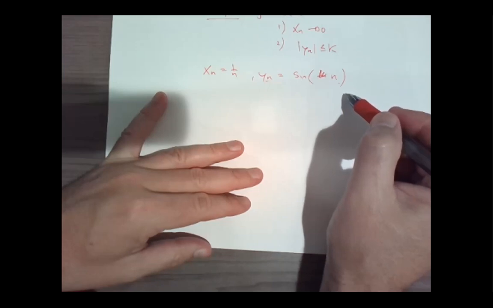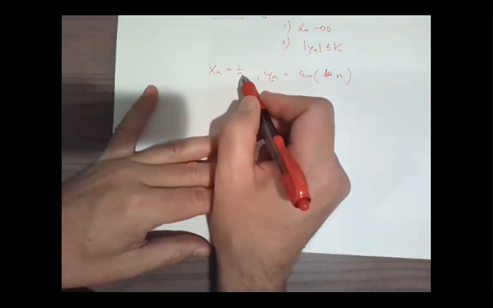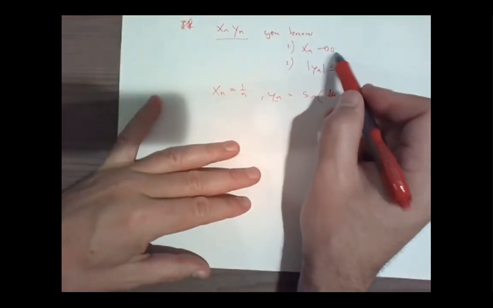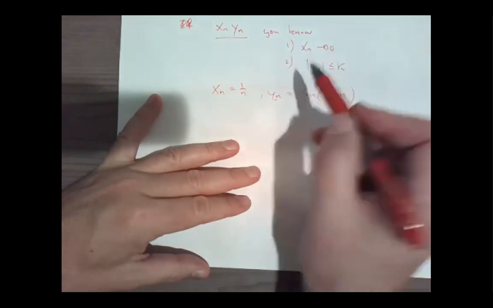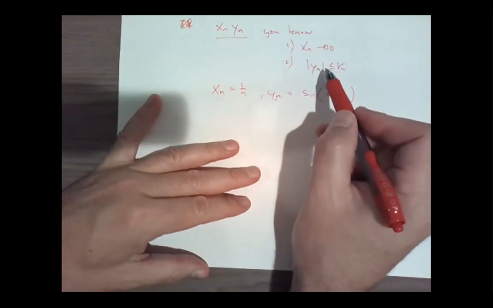Oh, so we're doing sine n now instead of 1 over n. Well, xn is 1 over n. I need the x's to go to 0, and I want an example where yn is bounded by a constant, but there's no limit for yn.